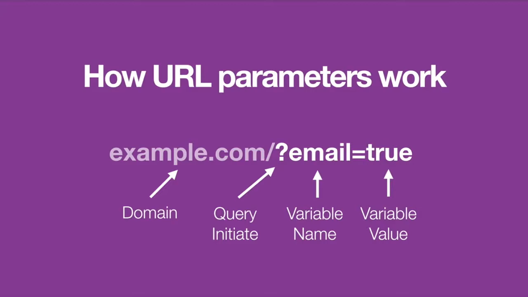And then just to break it down, the query is initiated with the question mark. So you have that question mark there, and then you have a variable name, just like the way you set it in a PHP file. But in this case, it's just the name of your variable. And then you have this equal sign, which lets the query string know that there's a value for this variable.